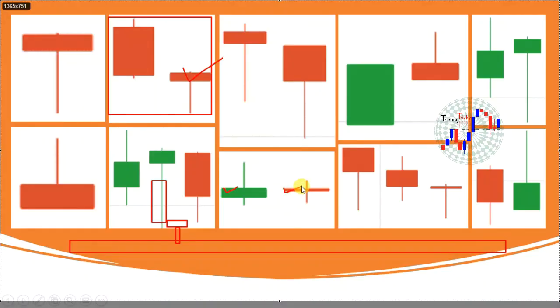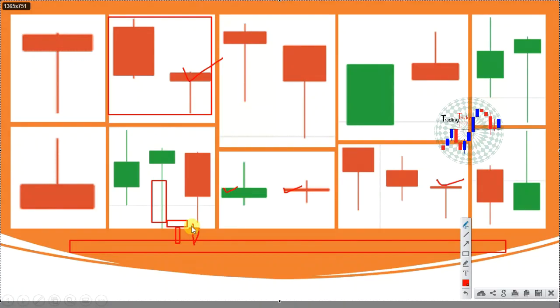Or this can be a small red candle again, because it will reach this market first, then if it's a strong level, it will reject and close here.